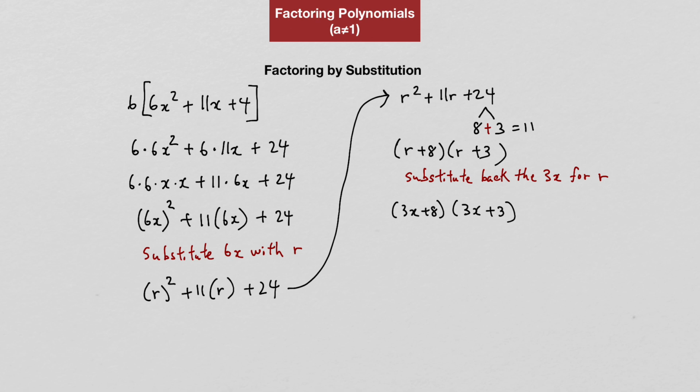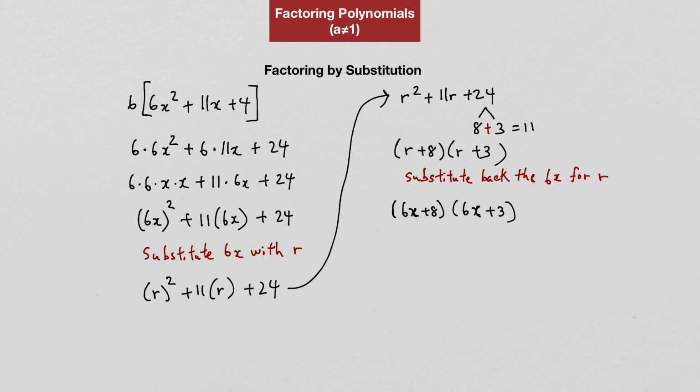I'm sorry, not the 3x. It should be 6x. Substitute back the 6x. Okay, 6x. Okay, so we're going to substitute back the 6x, not the 3x. So now we have 6x plus 8 times 6x plus 3.